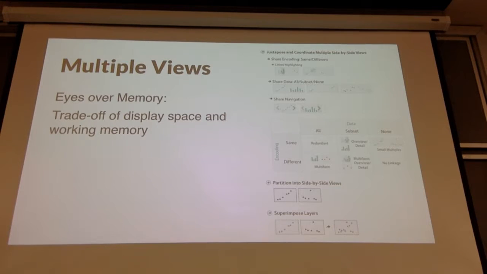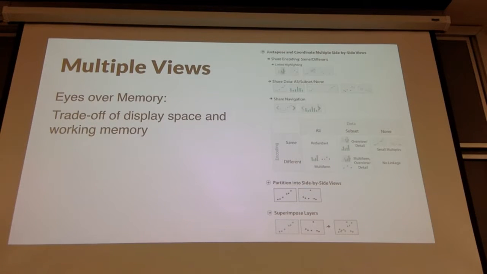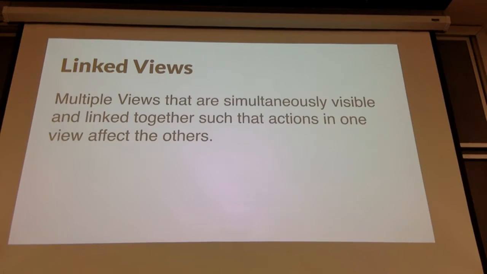Multiple views are a great solution for many problems if we have a large screen, like a laptop or bigger. But if you have only a small handheld device, then multiple views might not be the right approach. We also talked about different principles of how multiple views can be structured, whether they share encoding, data, or navigation. So let's go over this.